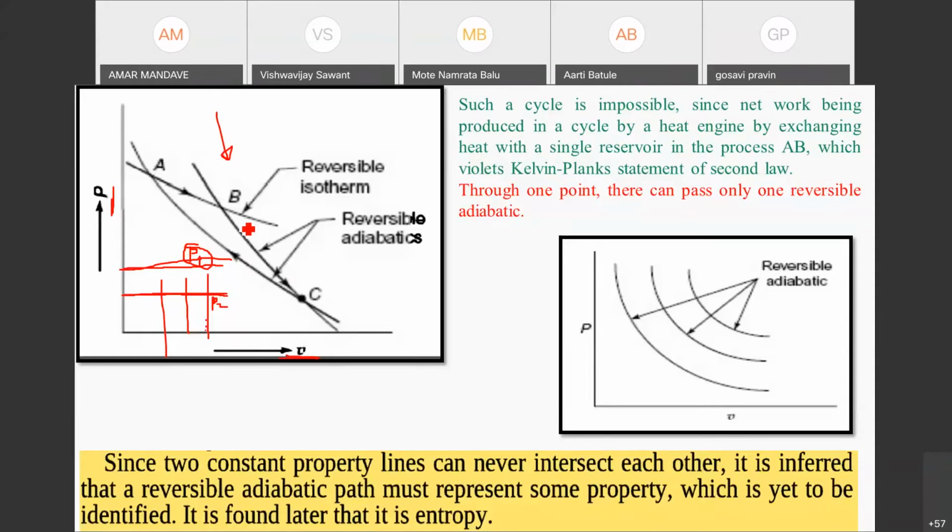That new property we have to find out. Based upon what we already know, let's see how we are going to find out that property.